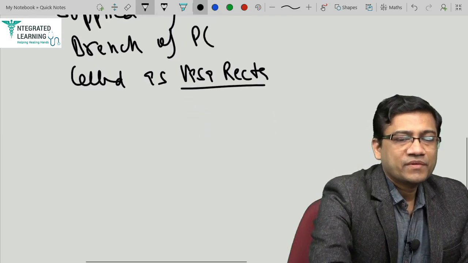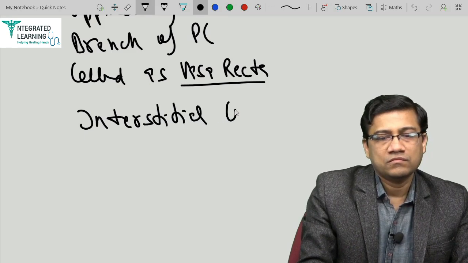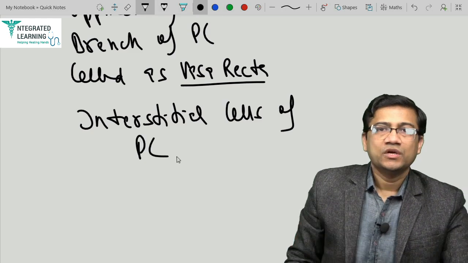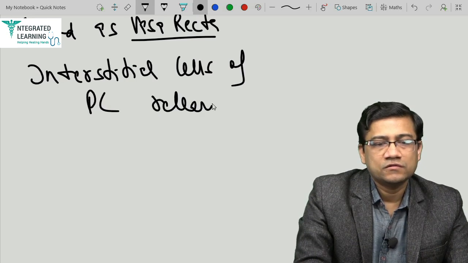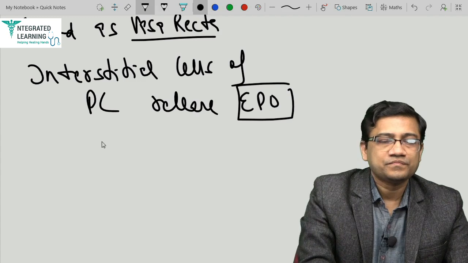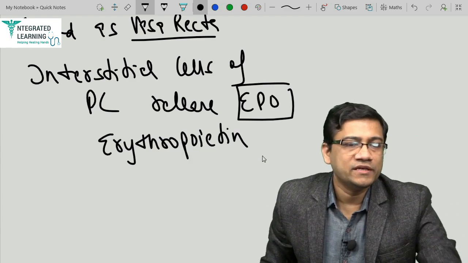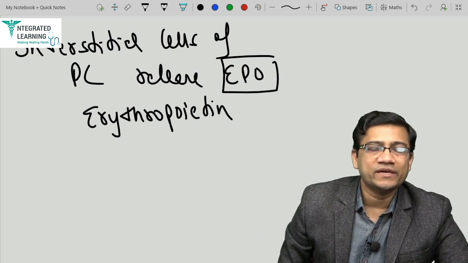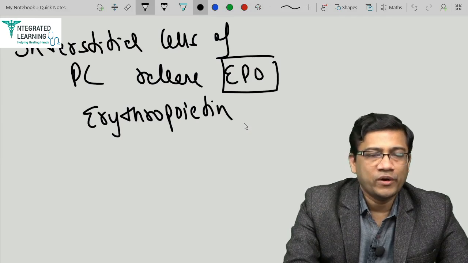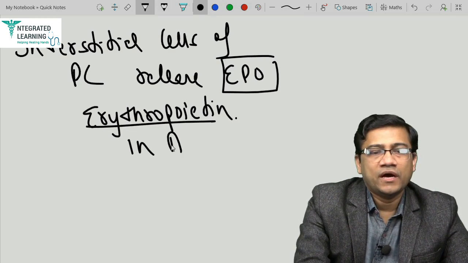Next, the interstitial cells of PC release EPO, that is erythropoietin, in anemia and hypoxia.